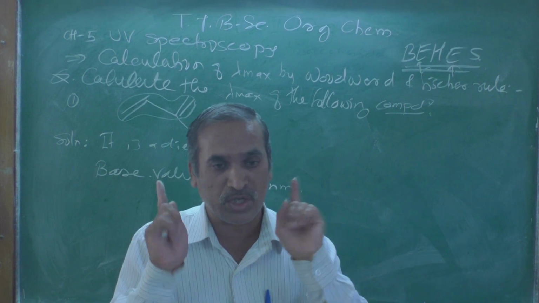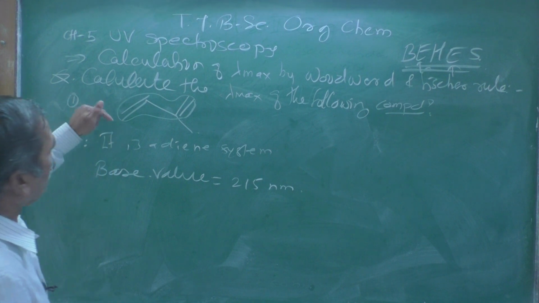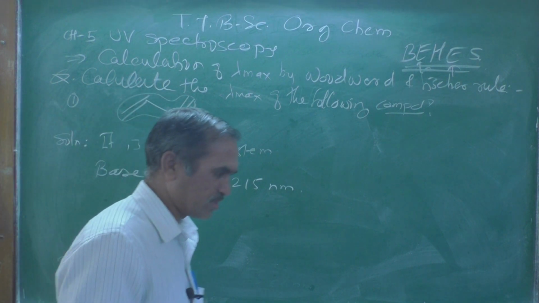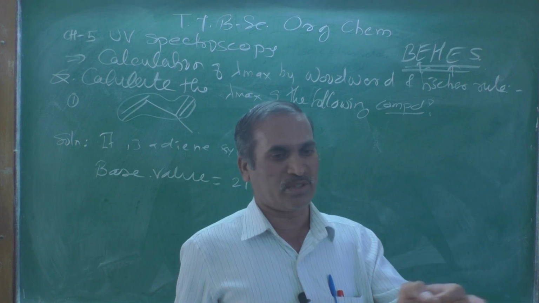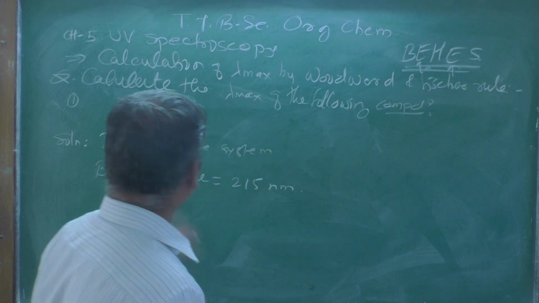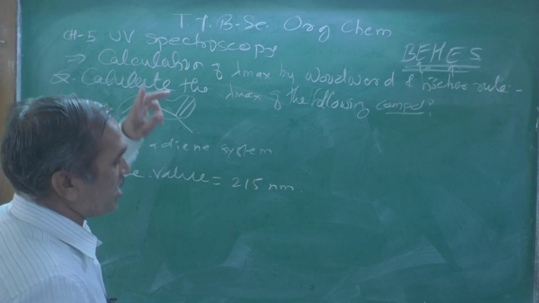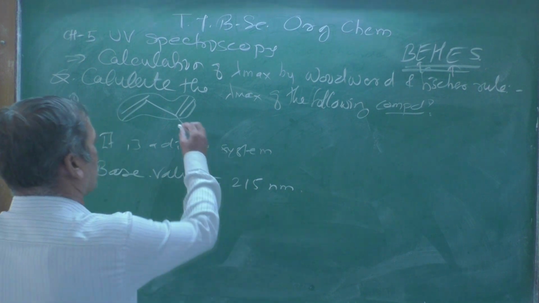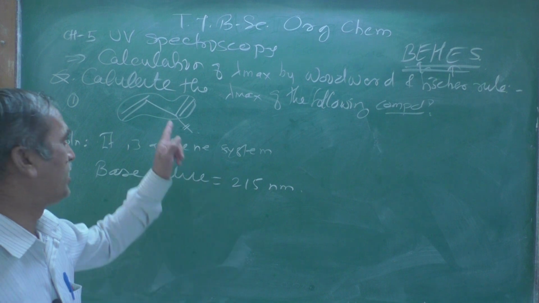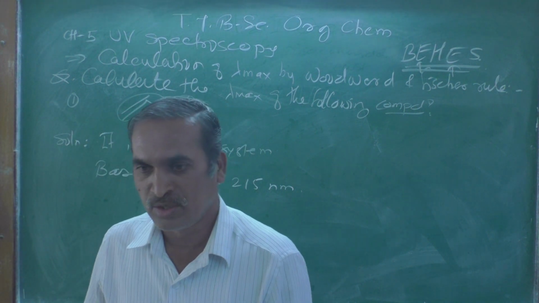Now the substituent. How to identify substituents? If hydrogen atoms are there, we are not adding anything. But look here, one stick is there, which means only one substituent is present. You can label it like this. Which substituent is it?